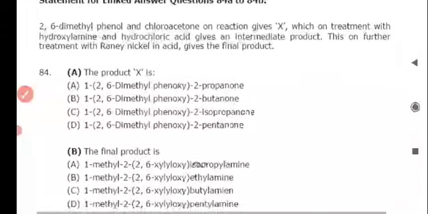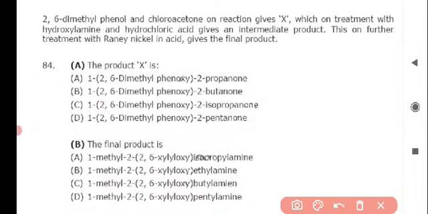Now the next statement is, 2,6-dimethylphenol and chloroacetone on reaction give X, which on treatment with hydroxylamine and hydrochloric acid gives an intermediate product. This on further treatment with Raney nickel in acid gives the final product.